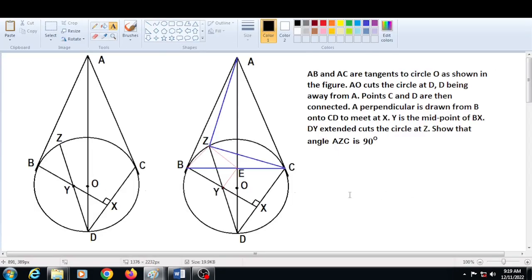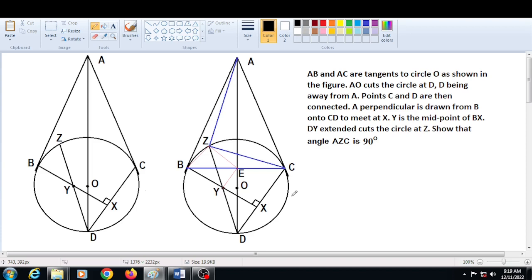On the extreme left we have the diagram according to the question, and at the center we have a diagram with the constructions that we have made. Basically we have connected a few points. The constructions are shown in blue.